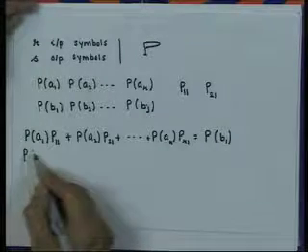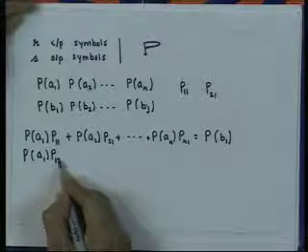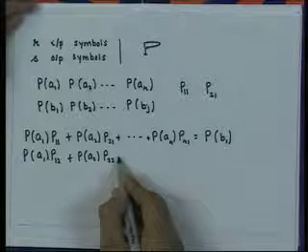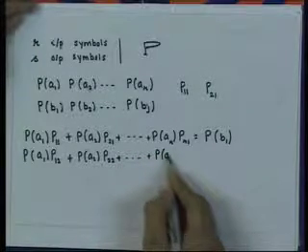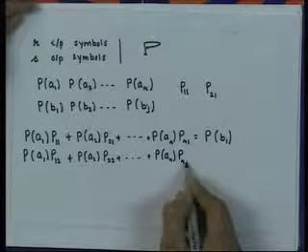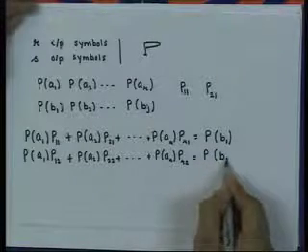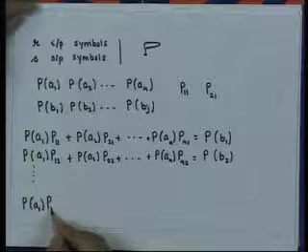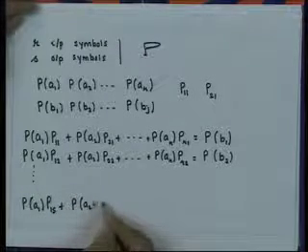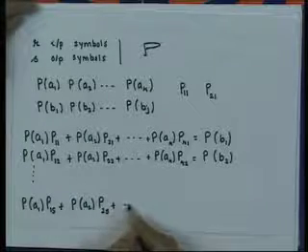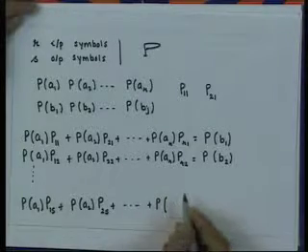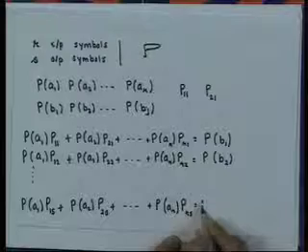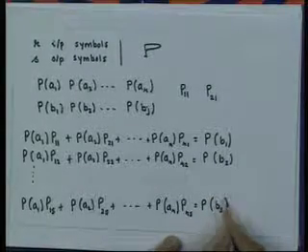this will be equal to probability of B1. Similarly, we can write probability A1 P12 plus probability A2 P22 plus up to probability AR PR2 is equal to probability of B2, and finally probability of A1 P1S plus probability A2 P2S plus up to probability AR PRS is equal to probability of BS.